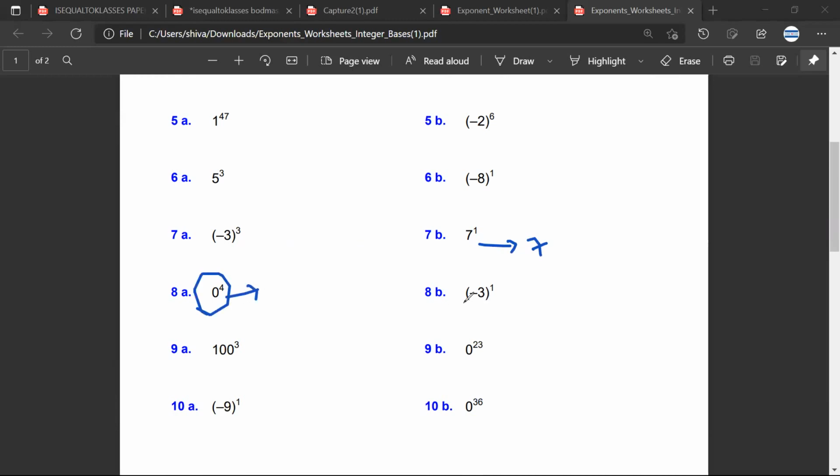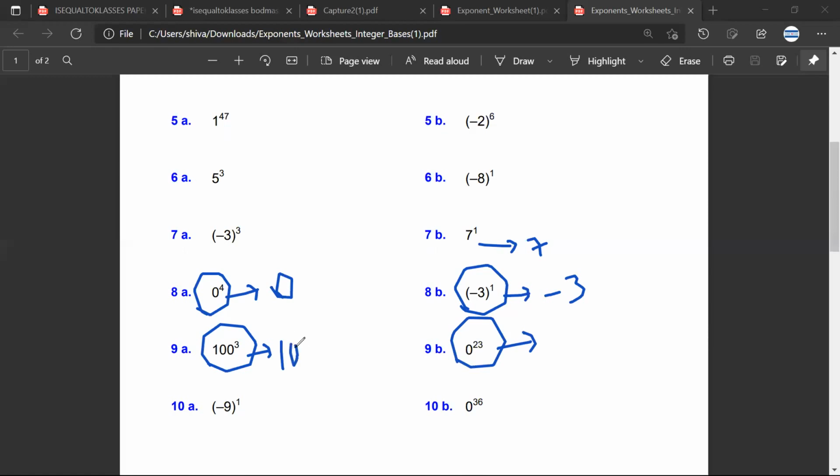8th A. So 0. 8th B. -3. 9th A. 1 0 0 0 0 0.